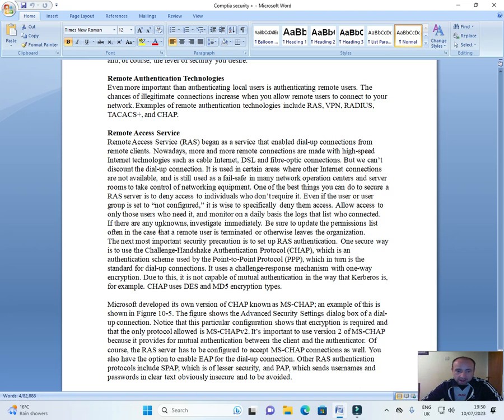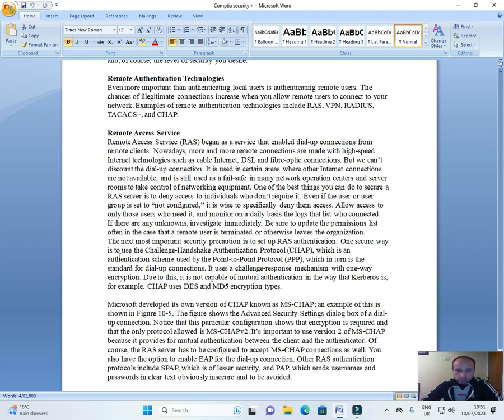If there are any unknowns, investigate immediately. Be sure to update the permissions list in the case that a remote user is terminated or otherwise leaves the organization. The next most important security precaution is to set up RAS authentication.